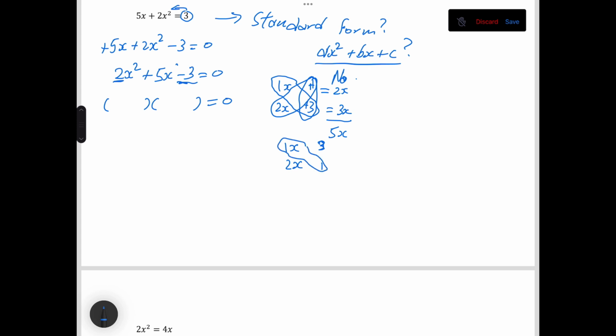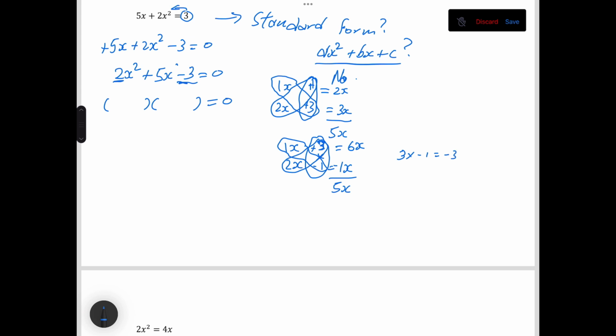So now 1 times 1 gives me 1x, and 2 times 3 gives me 6x. And so now if I want to get 5, it must be 6 minus 1. That gives me 5x. Now therefore, if I multiply 3 and negative 1, it does actually result in negative 3.